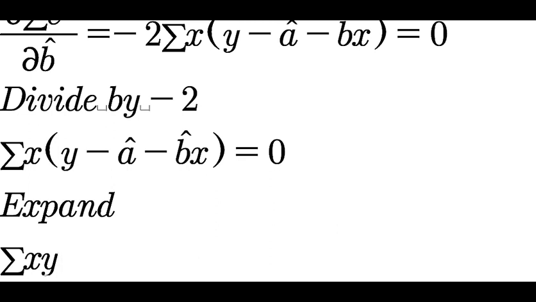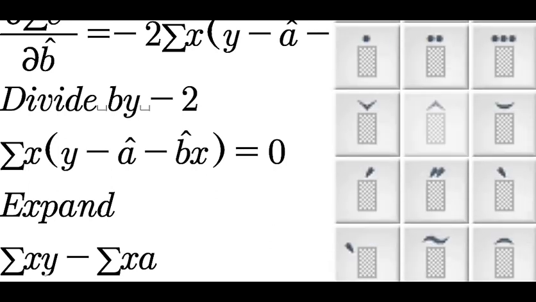So we have summation x times minus a hat, which gives me summation a hat x, or simply summation x a hat.